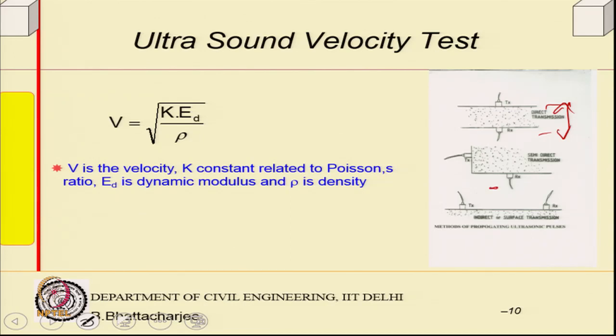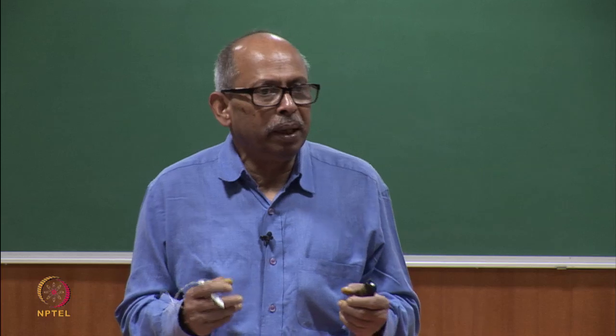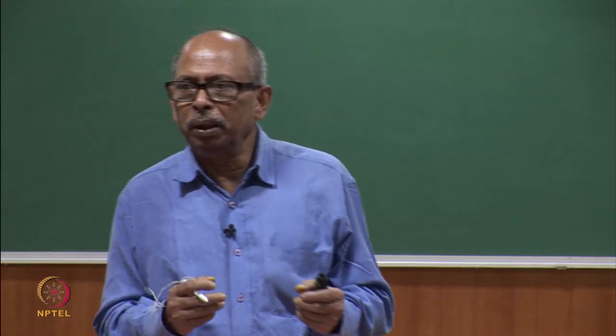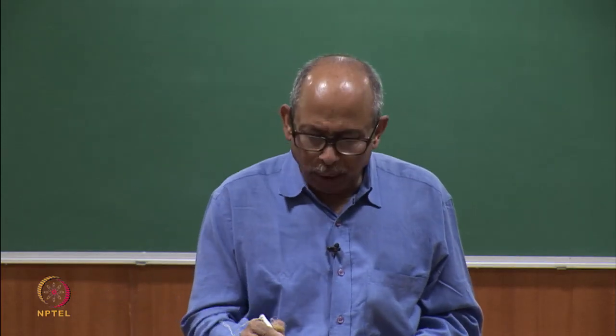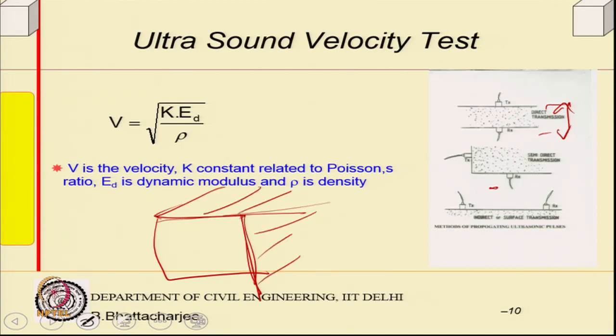You can even have indirect measurement, because in all places you may not get both sides of the section. For example, I have a column and let us say I have a wall on this side and on this side, or it is not available for whatever reason.